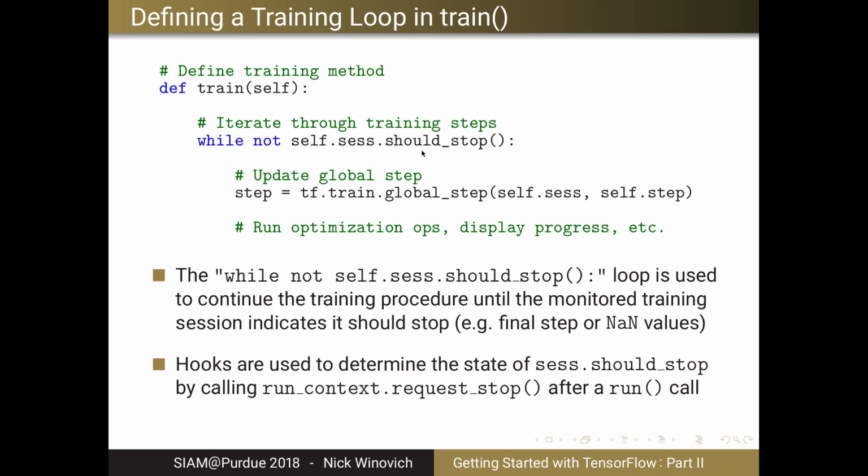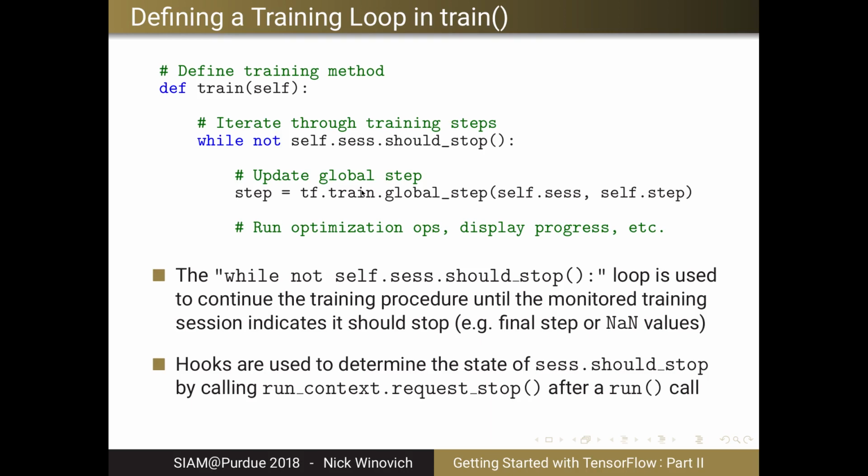The session will be passed a request stop call, and this method will return true if it should stop. So this tells us to keep going until the session has received a kill signal. This is helpful if you're using multiple hooks, if you have multiple different cues for stopping training, for summarizing that into one convenient loop.